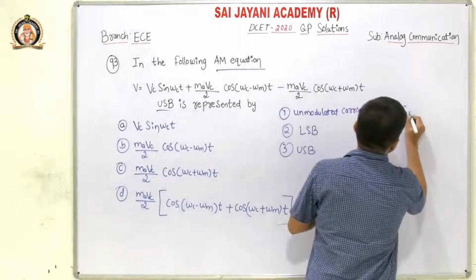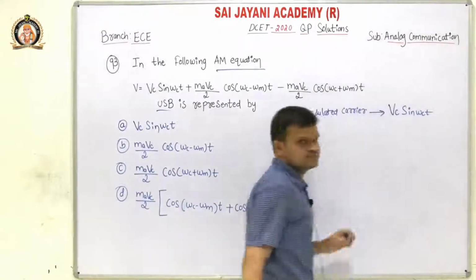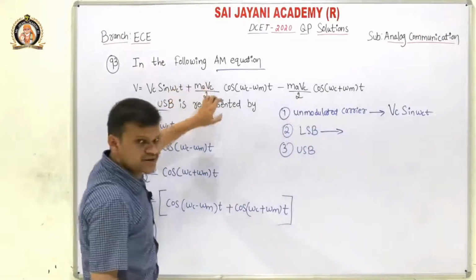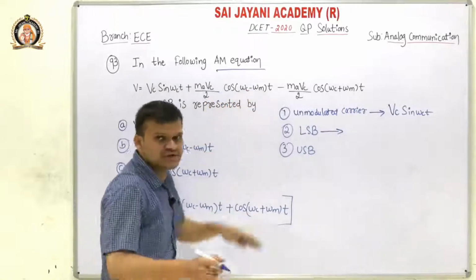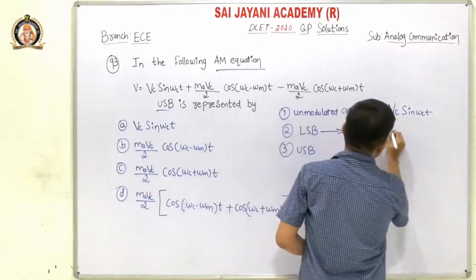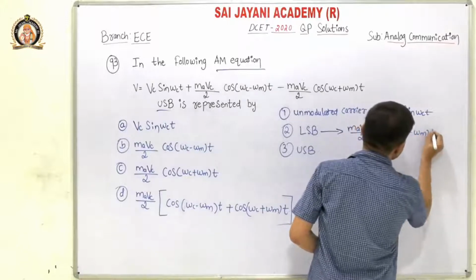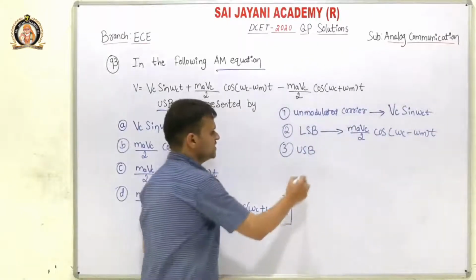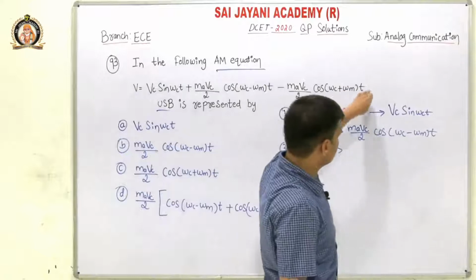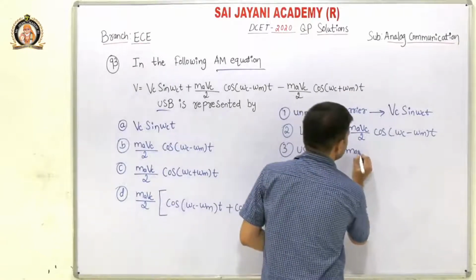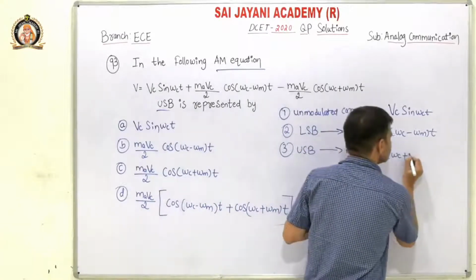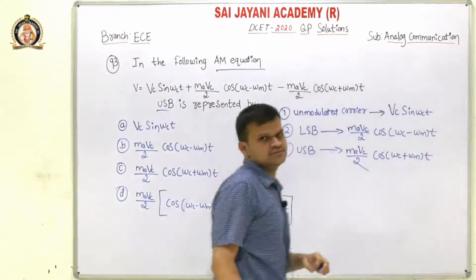The LSB is represented by MAVC divided by 2 into cos omega C minus omega m into T. The USB is represented by MAVC divided by 2 into cos omega C plus omega m into T.